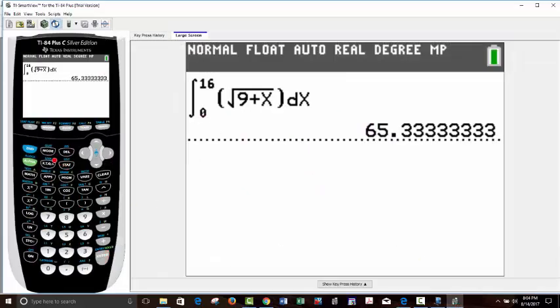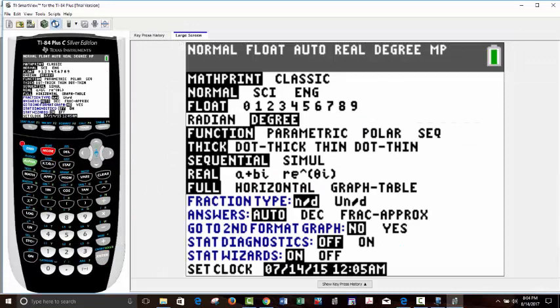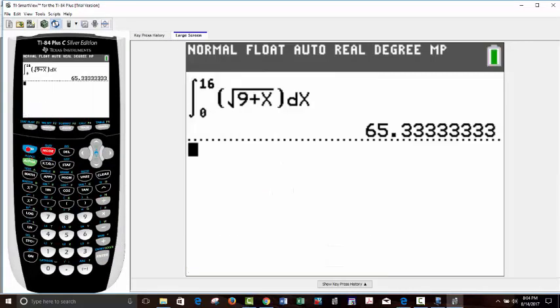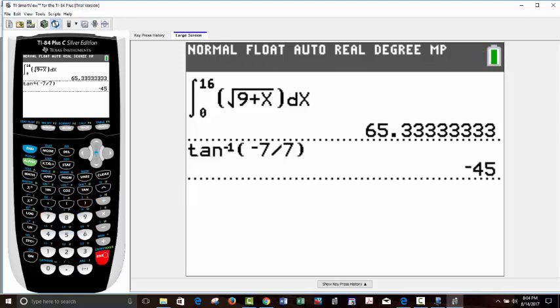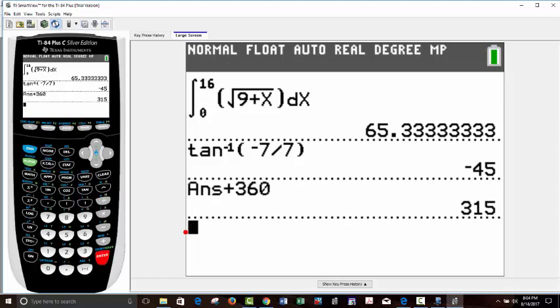Let me check my mode here. It's in degree mode. So if I go second, tan inverse of negative 7 divided by 7, or you can just see that that's negative 1. You see that's negative 45, but the instructions said our answer has to be between 0 and 2 pi, which is no trouble. I can convert it to radians right now, or I can just add 360 degrees, then convert it back to radians.